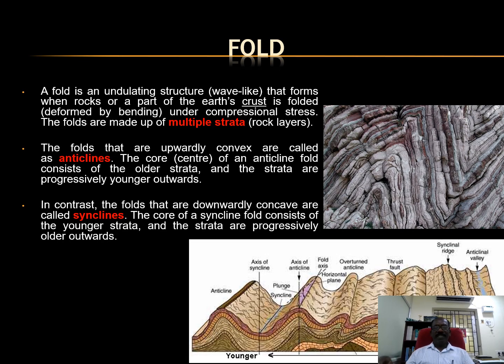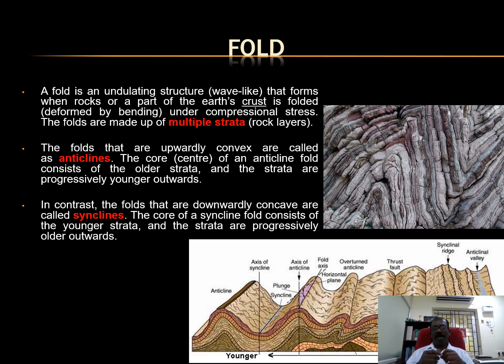A fold is an undulating structure that forms when rock or part of the earth's crust is folded or bent. Say, for example, something may break, and some things get folded.